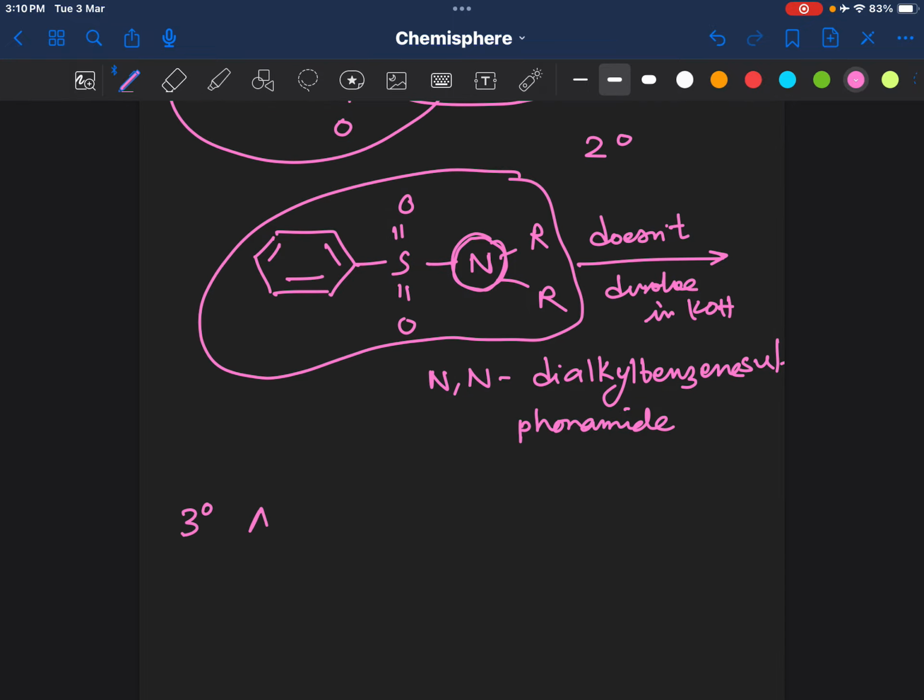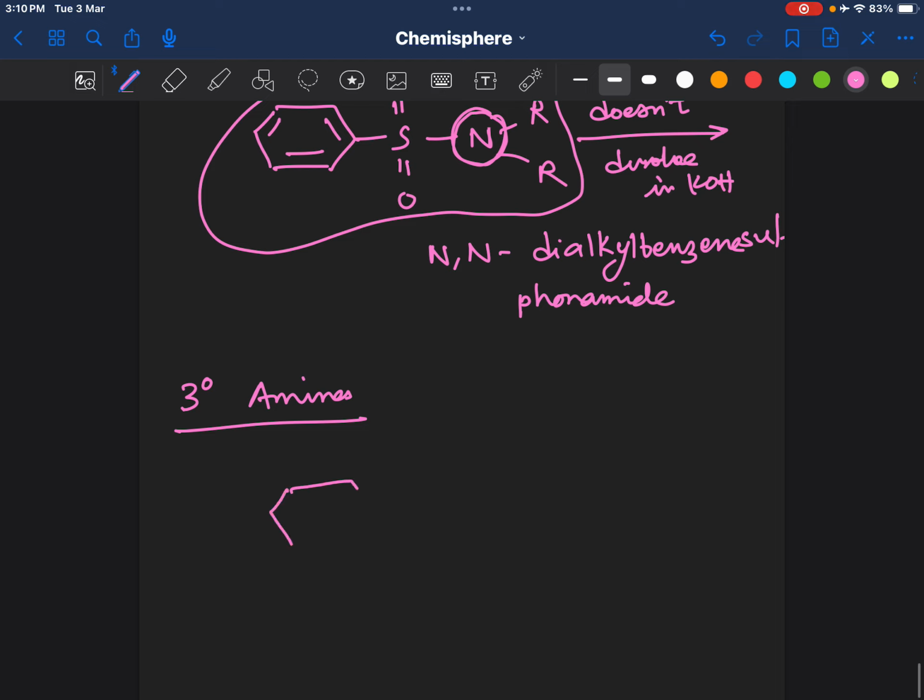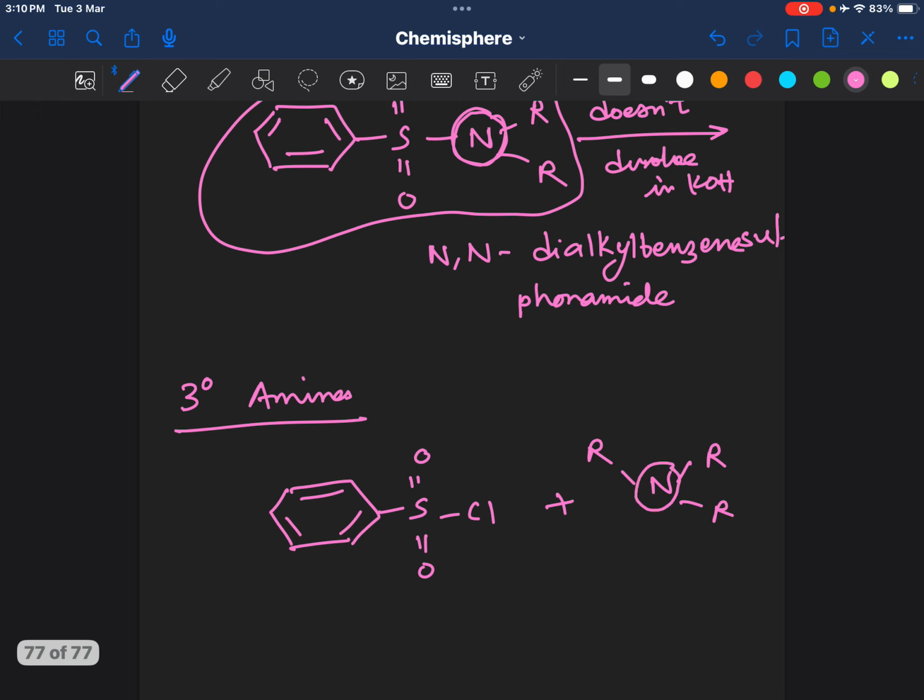And the 3 degree amines: Hinsberg's reagent plus NRRR. Since it is a tertiary amine, it does not have any hydrogen to combine with Cl, so 3 degree amines don't react with Hinsberg's reagent.